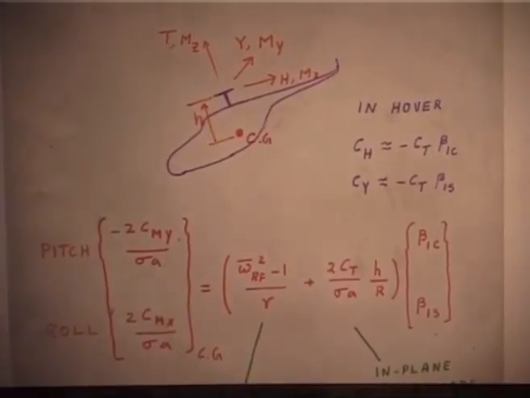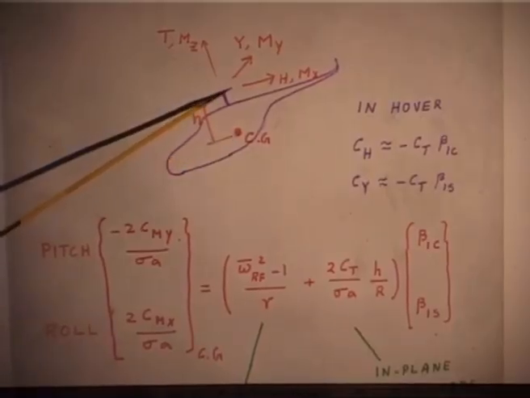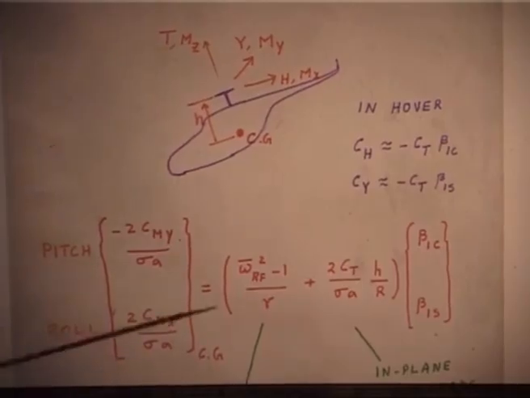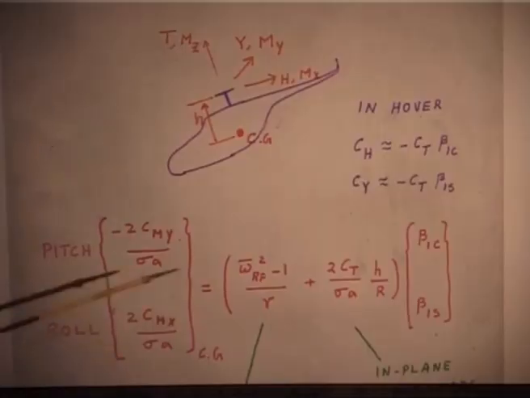You assume that the CG is here, rotor hub is at a height h. I am putting it right on the shaft, it need not be straight on the shaft, it can be anywhere, a little displaced. Those things will come when you do the actual problem.